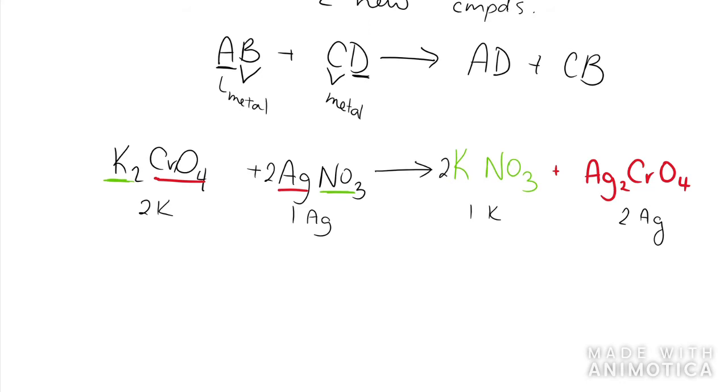Well, that looks like it solves it. So if we put a 2 in front of this one, that changes this to 2Ag and 2NO3. Over here now we have 2 potassium and 2 nitrates. Okay.